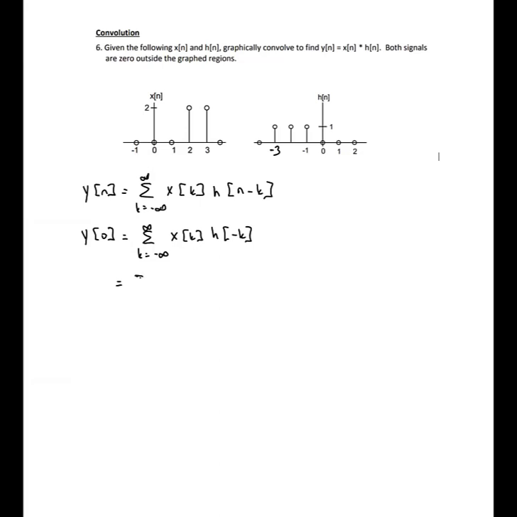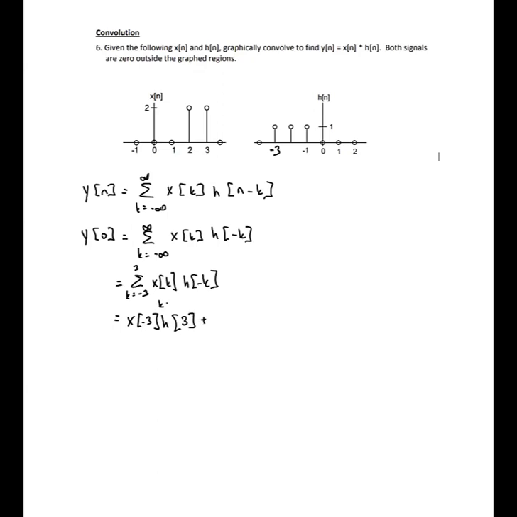So let's do that for the sum from k equals -3 to +3 of our x of k, h of minus k. That's just a fancy way of saying we're going to substitute in k equals -3 first. So substituting k equals -3 and taking the negative, that gives us +3.